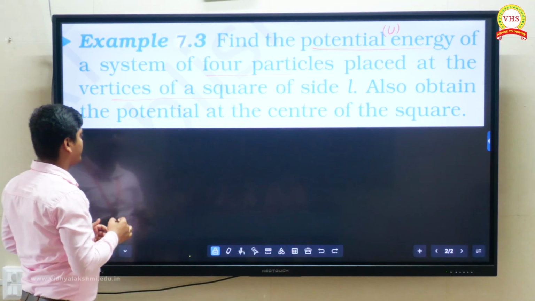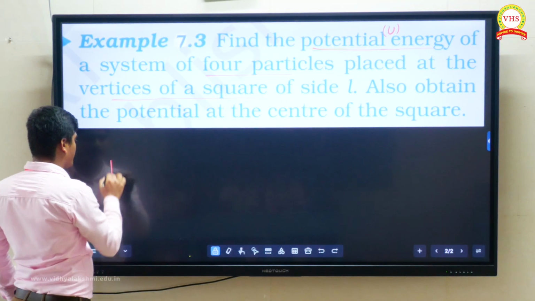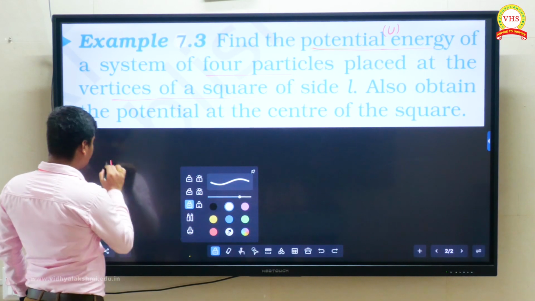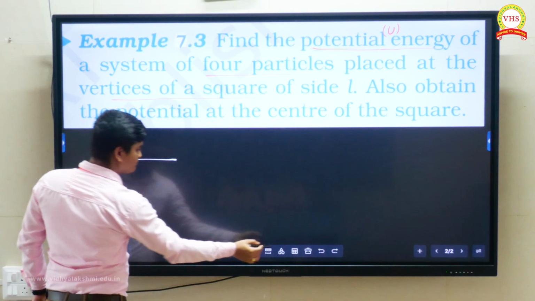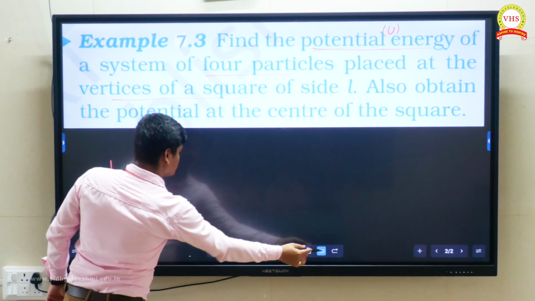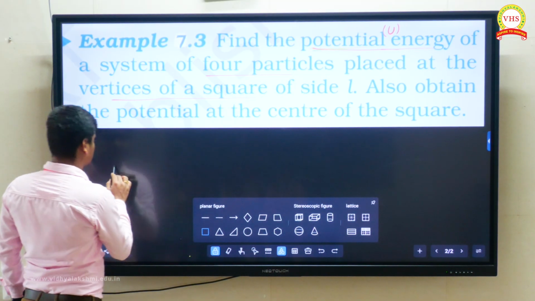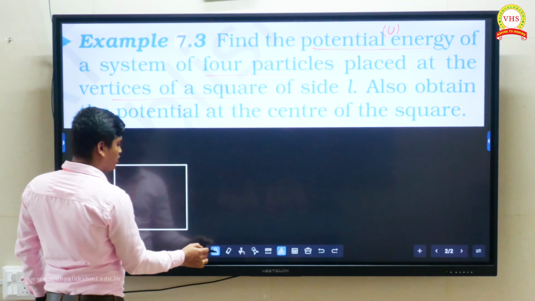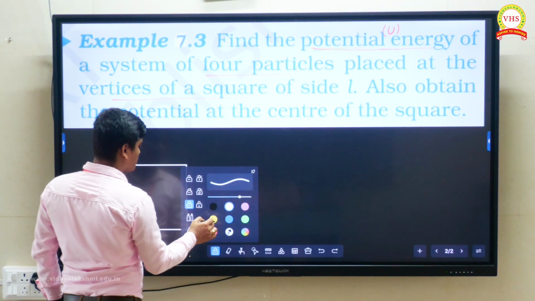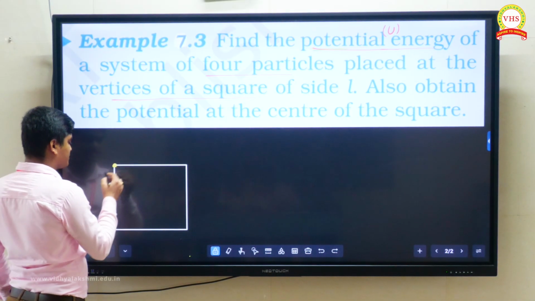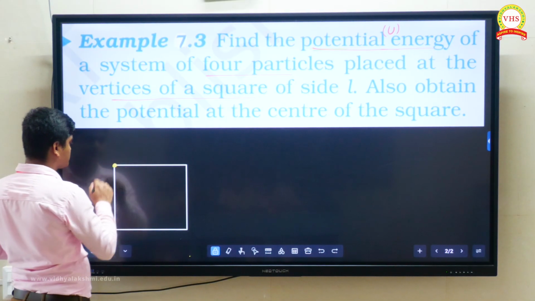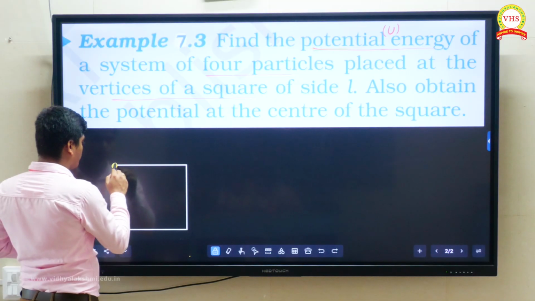So you understand it like this. You have a square like this. On this square you have 4 masses.